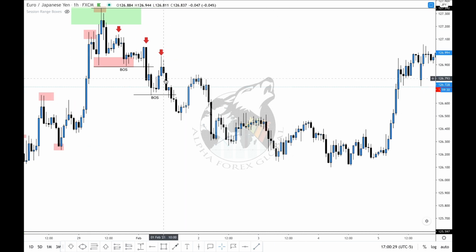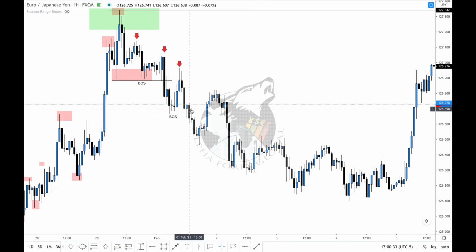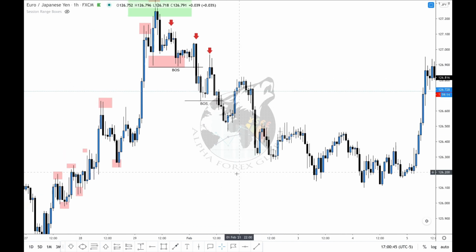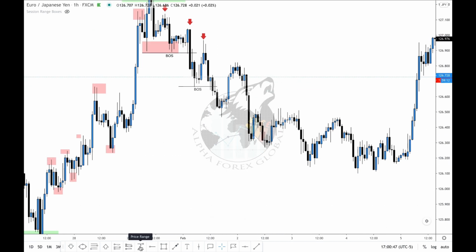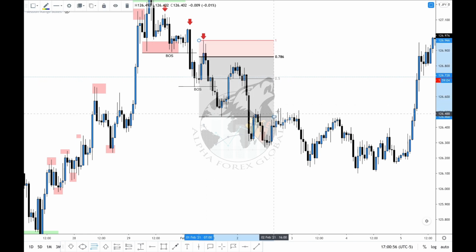Now if the market broke structure here, remember we're talking about one hour time frame, right? So if the market broke structure here, the market needs to go back to at least equilibrium price or the premium price to continue the sell, right? So here is my discounted and premium fib, right, to the low right here.